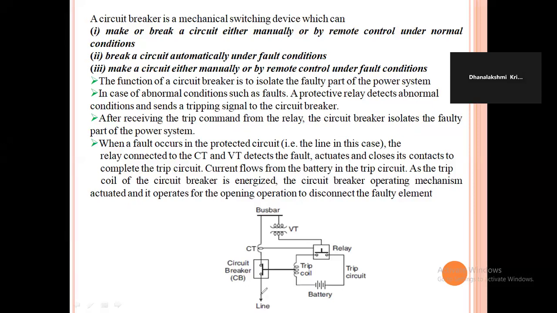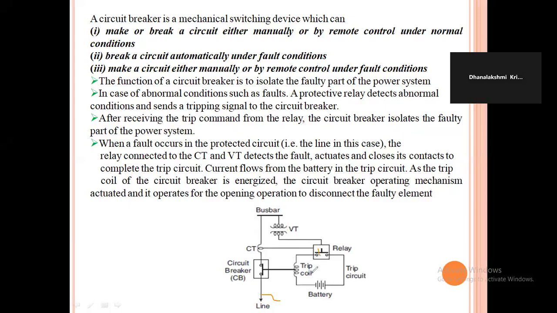When a fault occurs in the protected circuit, the relay is connected to the CT and VT. So the current transformer detects the abnormal current and the potential transformer detects the abnormal voltage. The abnormal current or voltage will actuate the relay and close the contact.